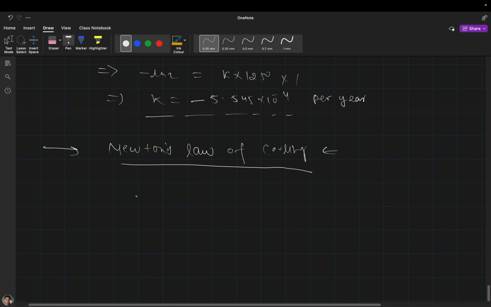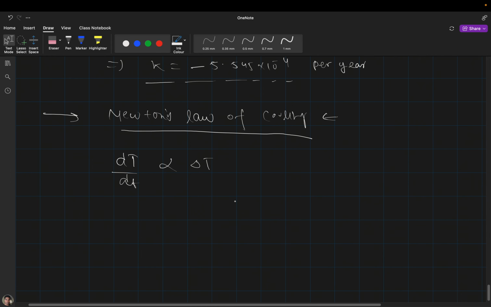So it says that the rate of change of temperature is directly proportional to the difference of temperature. And what is delta T?